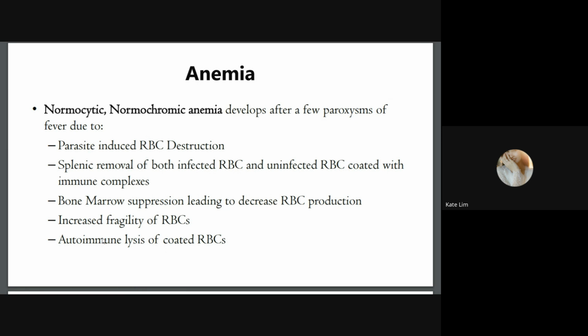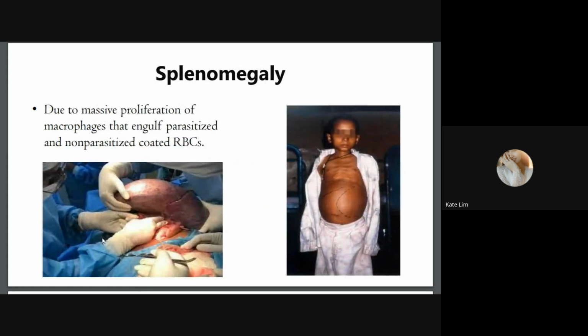If you remember, some of the healthy RBCs are tagged as foreign or as infected RBCs, so these are coated with immune complexes. The immune system would attack these cells and contribute further to anemia. So these are some of the factors. The last triad of our benign malaria is your splenomegaly.